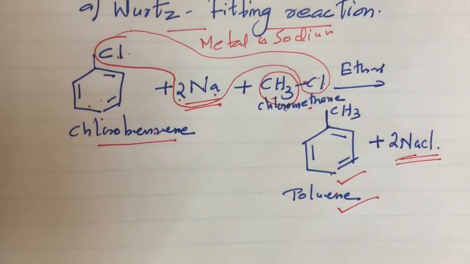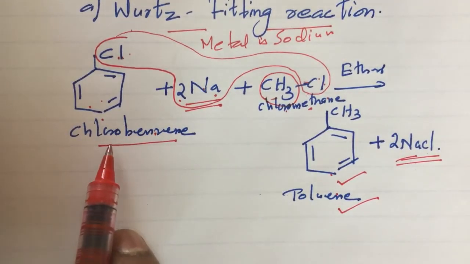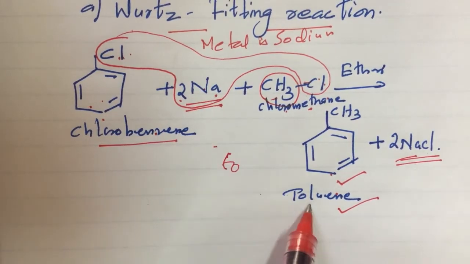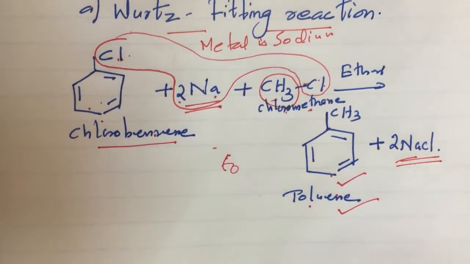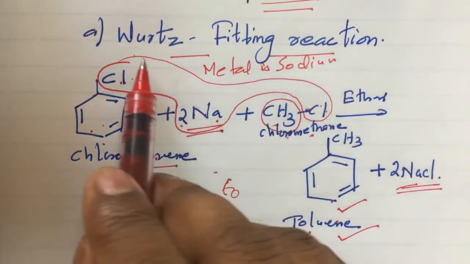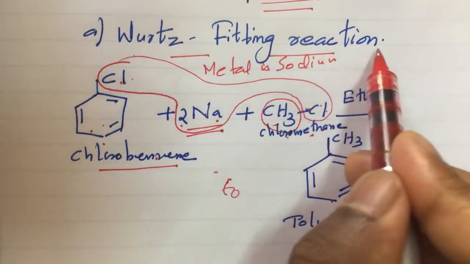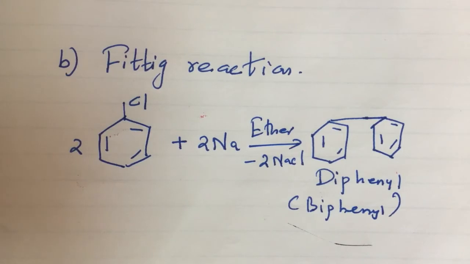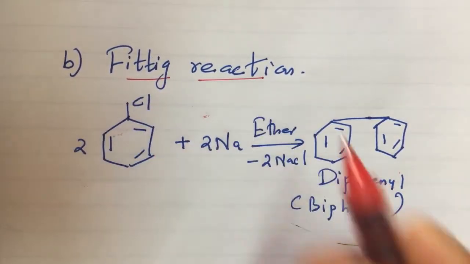Here you can expect a question like this: how to convert chlorobenzene to toluene? That is one type of question. The second type of question is to directly write the reactions of the Wurtz-Fittig reaction, because it is a name reaction. Next is the Fittig reaction.